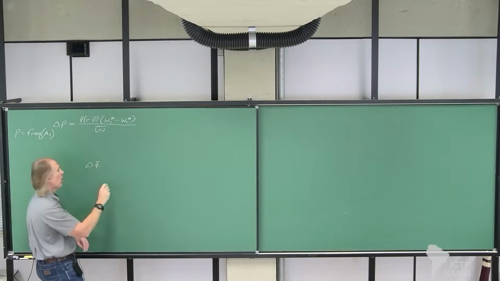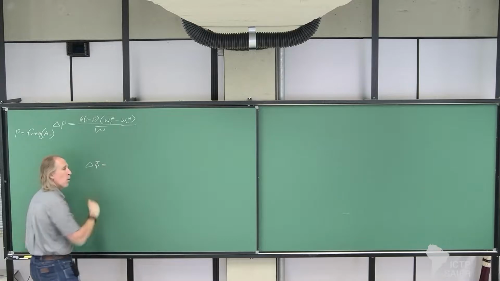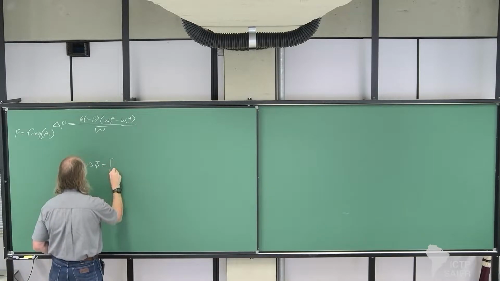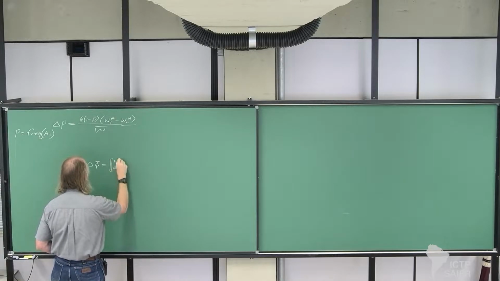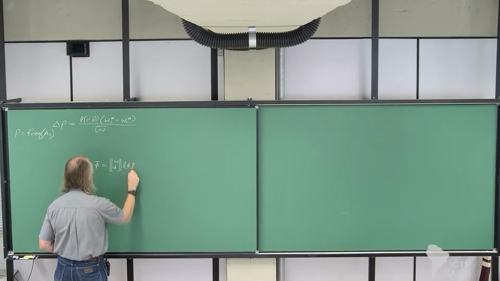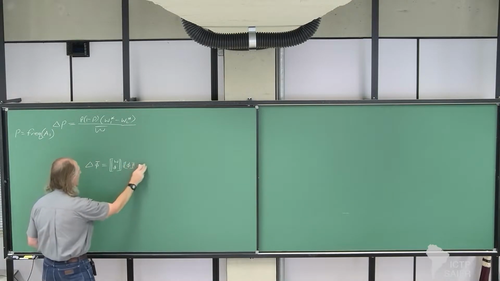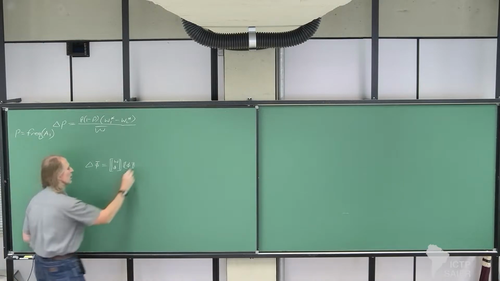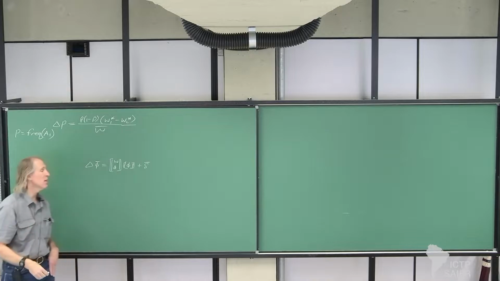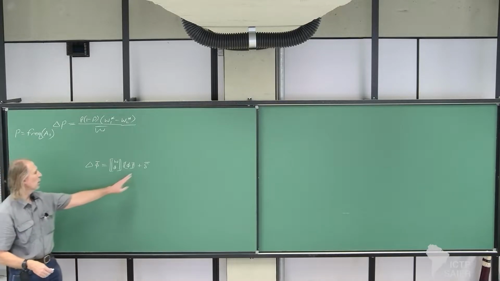Delta phi bar was equal to a regression of fitness on phenotype times variance in phenotype. And then we could add a delta bar for changes occurring in the process of reproduction, but we were leaving that out, okay?